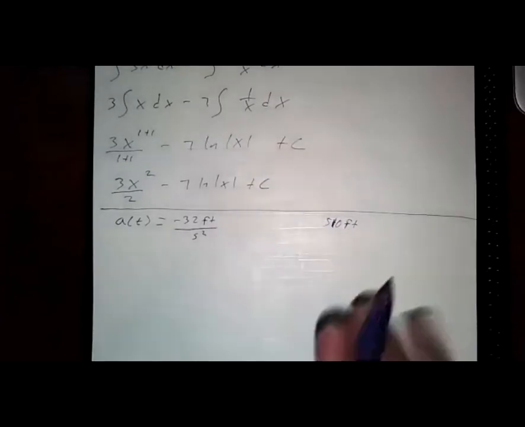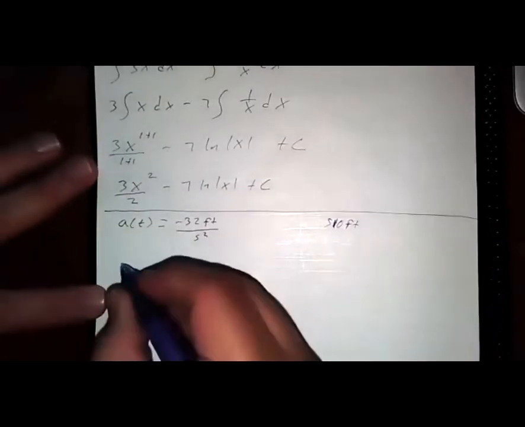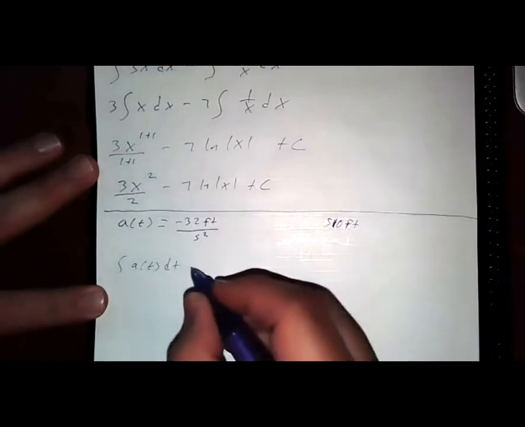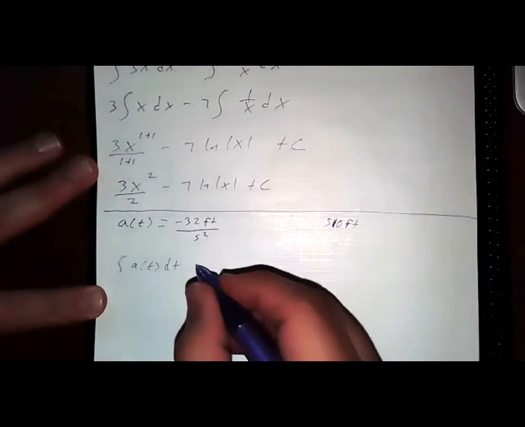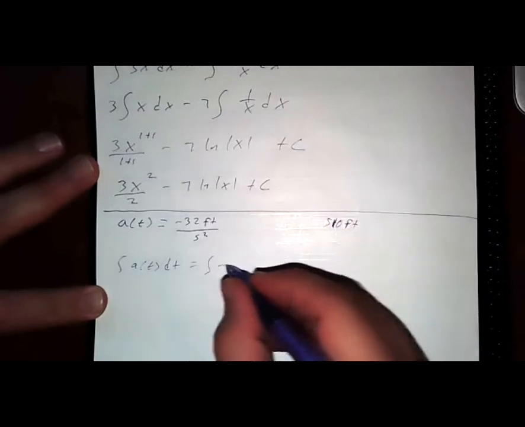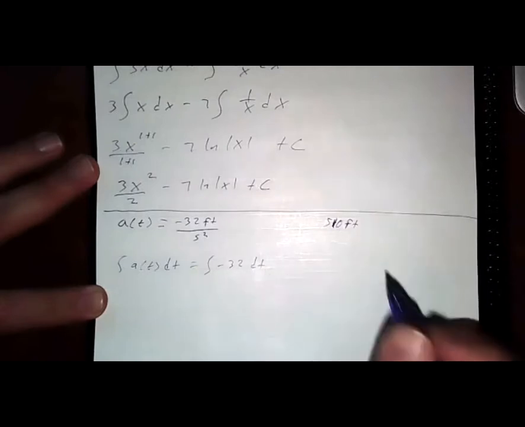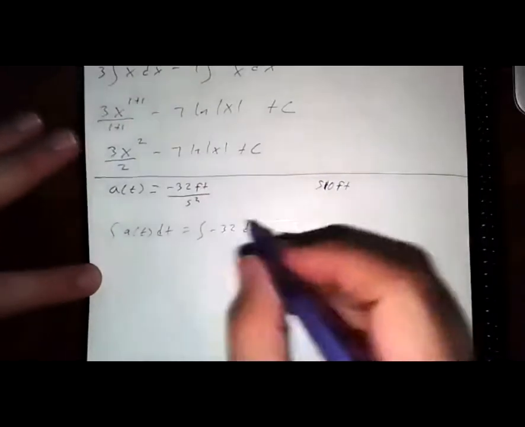All right, well, let's start integrating first before I think too hard here. Integrate acceleration with respect to time. That would get us the integral of negative 32 dt. I'm not going to write the units for now.